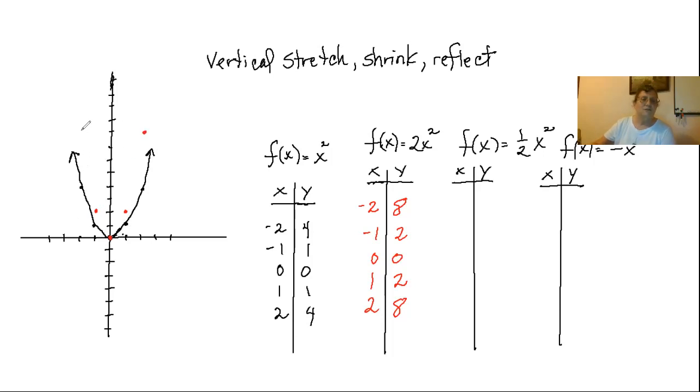And -2 is going to be up here. And so the graph, every point is twice as high as the point on the black graph. So instead of 1, it's up to here. Instead of here, it's twice that far up to here.